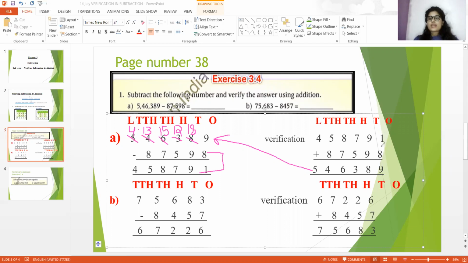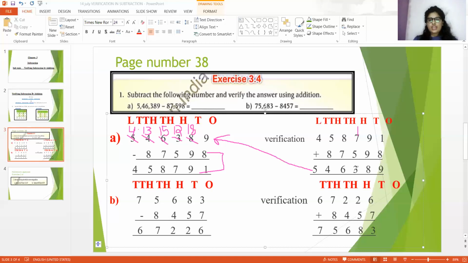Now start adding. Start from the ones place. 8 plus 1 is 9. 9 plus 9 is, do it by yourself. Yes, 9 plus 9 is 18. So write 8 here and 1 carry over to the next higher place. Now at the next higher place, I can see I have 7, 1 and 5. 7 plus 1 is 8. So keep 8 here and 5 on fingers. 8, 9, 10, 11, 12, 13.